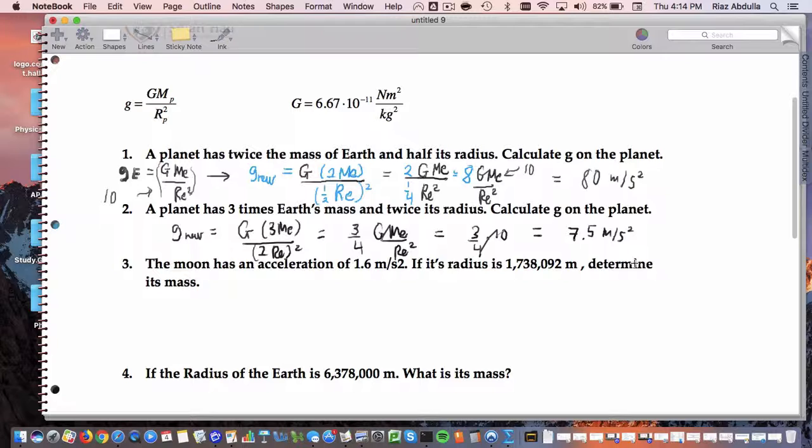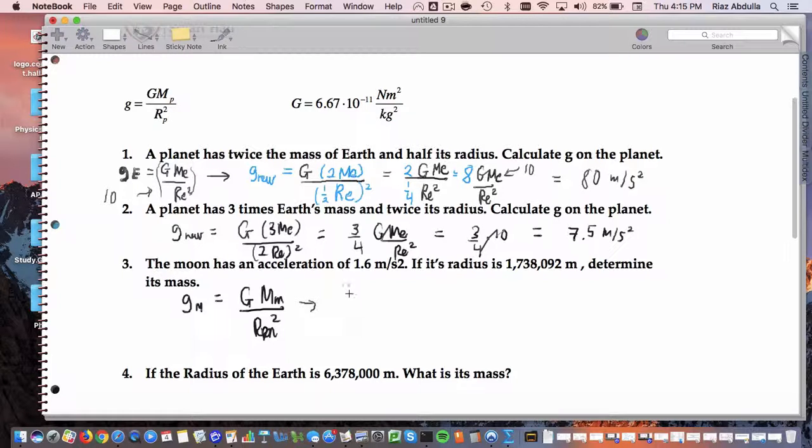So here we have the acceleration due to gravity of the moon, and we want to determine its mass based on its radius. We're still going to use the formula, but this is g of the moon, which is going to be capital G times mass of the moon divided by the radius of the moon squared.